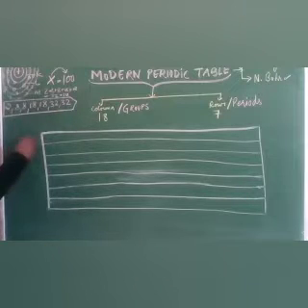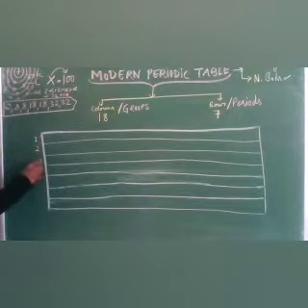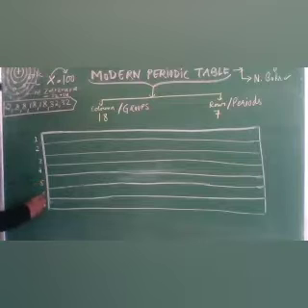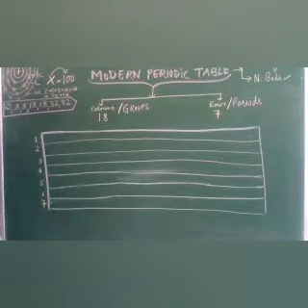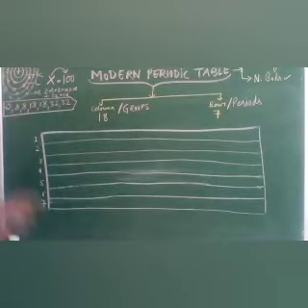Clear? So how many rows did I make? 7. It means that from your answer sheet or notebook, you need to select 7 lines.